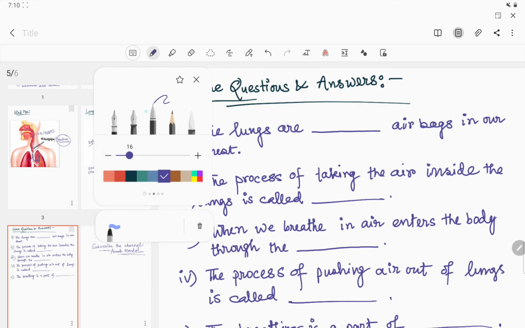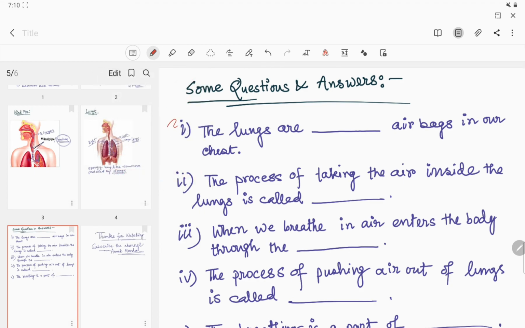The first question: the lungs are how many airbags in our chest? Two. The process of taking air inside the lungs is called inhalation. When we breathe in, air enters the body through our nose.